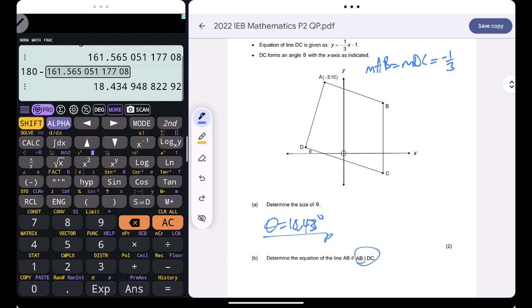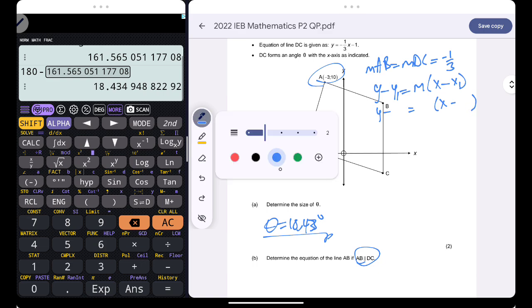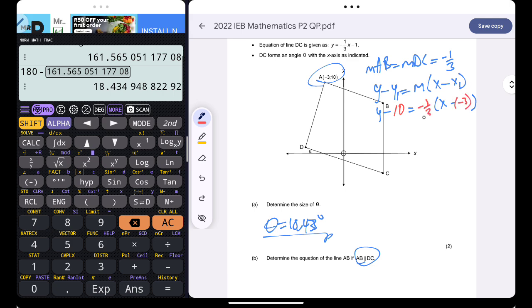Are we together? So after finding the gradient, and I do have a point there, I can use my equation y minus y1 is equal to m(x minus x1). So y1 will be 10, and then x1 will be negative 3. My gradient is negative 1 over 3.